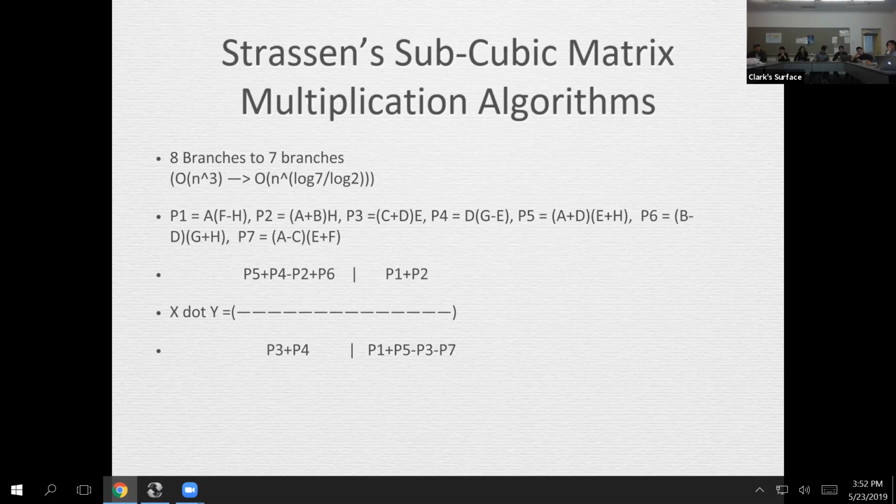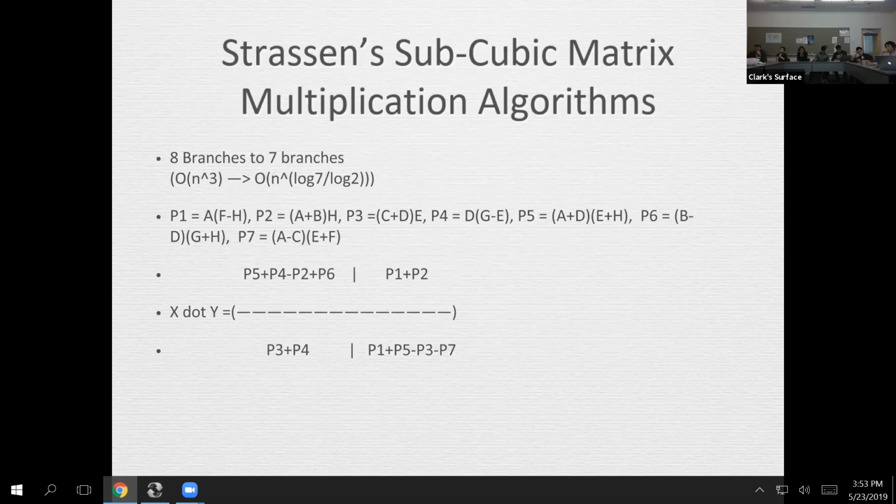Yeah, so Strassen's subcubic matrix. What it does is, if you have two matrices that you want to dot, from what you've learned in high school, for each element, right, you will do this.